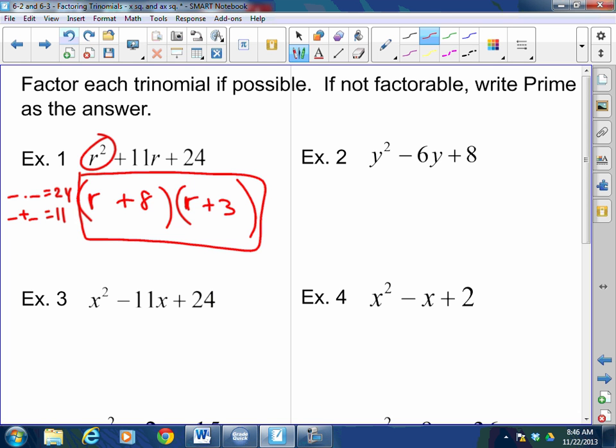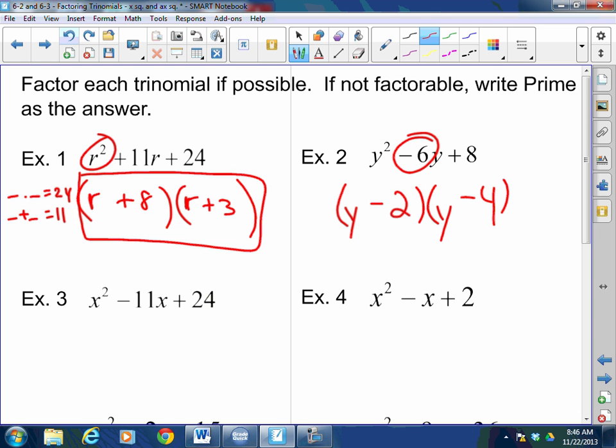Bye-bye. Okay, example 2, my setup, always my setup, y and y. Now look guys, pay attention to this. Only the b is negative. So according to what I just finished telling you, when the b is negative, this should be a negative and that should be a negative. What times what is positive 8, but when added together is negative 6? Negative 2 and negative 4. Done.